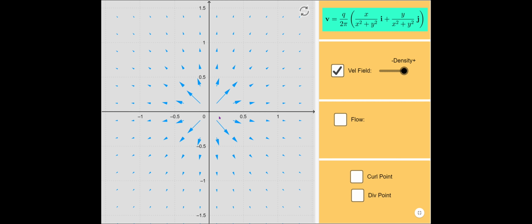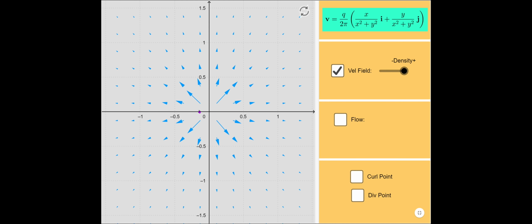So this is an example of what's called a radial vector field. If you have any point such as this one in your xy plane, the direction of the vector at this point you can get by simply connecting the origin to this point and then just extending out further.